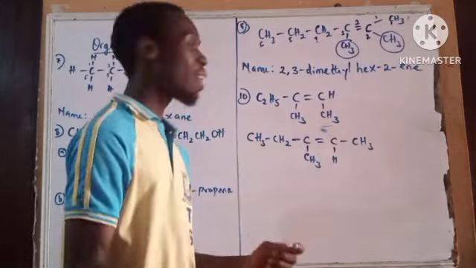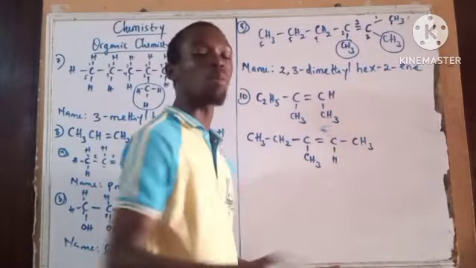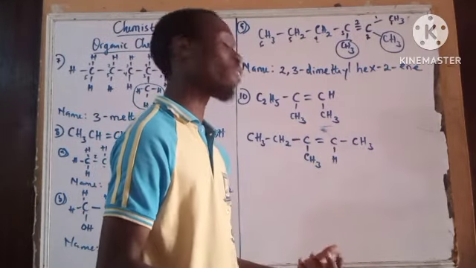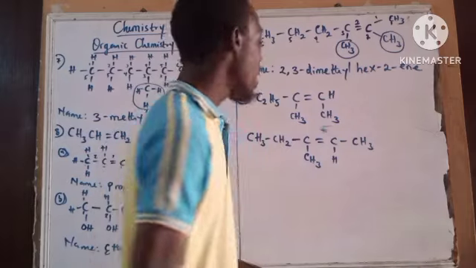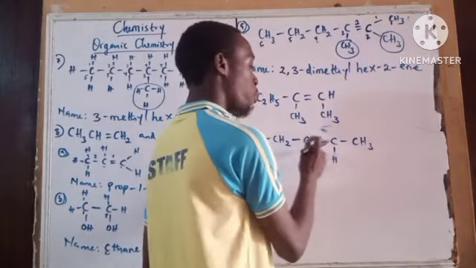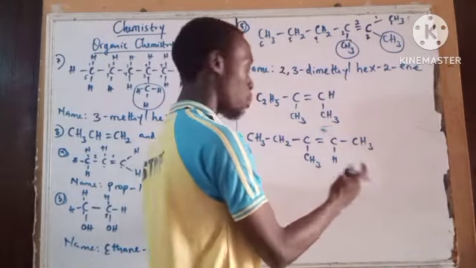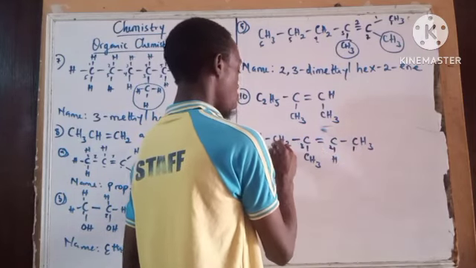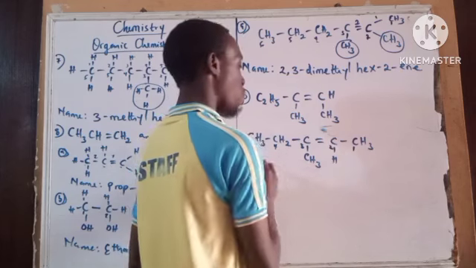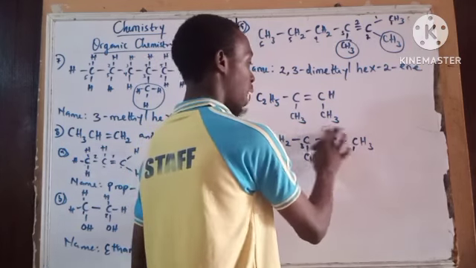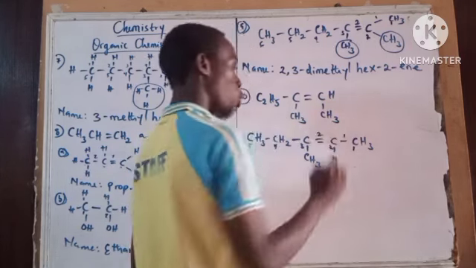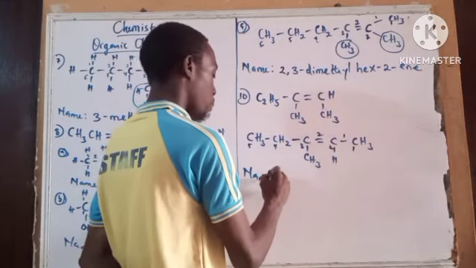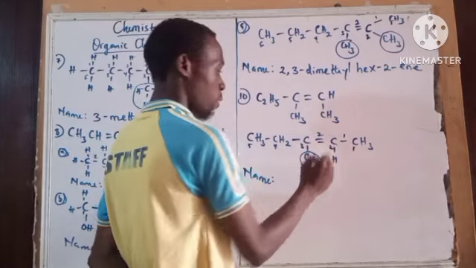That makes it pent. And the functional group here is our double bond, and that's the alkene series. That makes the name pentene. And we are numbering from the side closest to my functional group. I have 1, 2, 3, 4, and 5. So the double bond is on carbon 2.